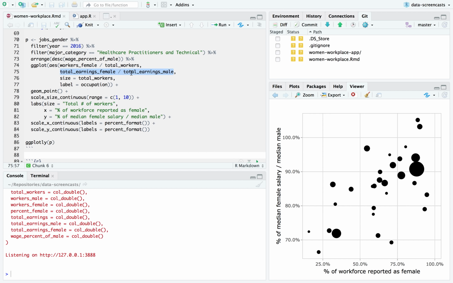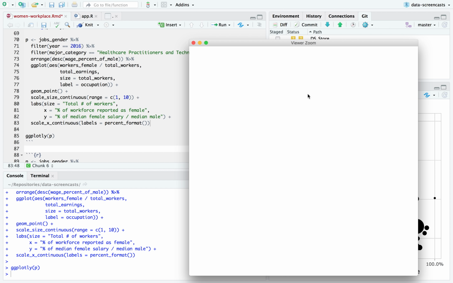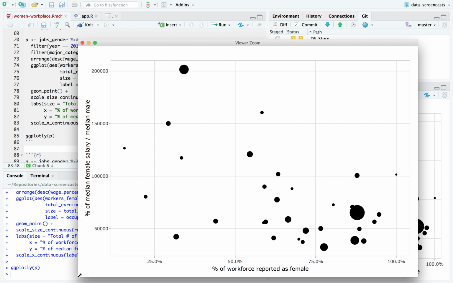If I say instead of looking at total earnings female over male, I take a look at total earnings. I'm going to say total earnings. Probably need, and I would drop this percent. Yeah, so this is actually a very important visualization as well.